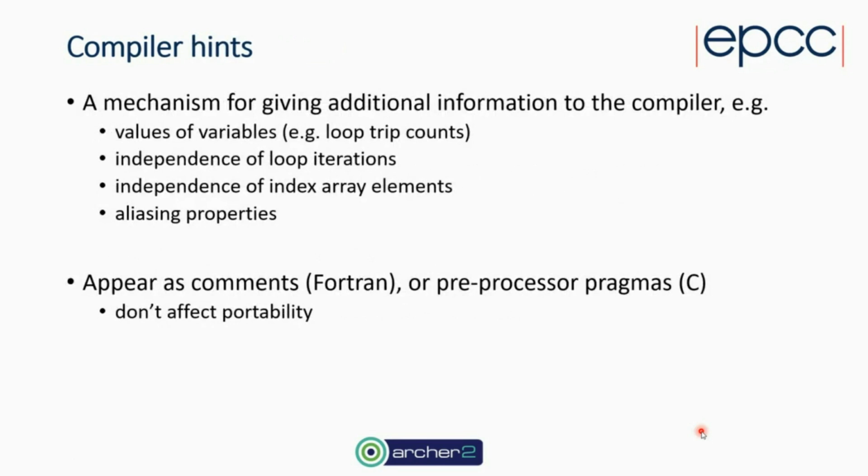There are also generally a bunch of things you can tell the compiler to help it in building your code, what we would call hints or pragmas, which let you tell the compiler things like loop iterations are independent, so they can be split up. Loop indexes can be independent, so they can be split up. Different memory addresses don't point to each other. Values of variables or loop sizes can be unrolled.